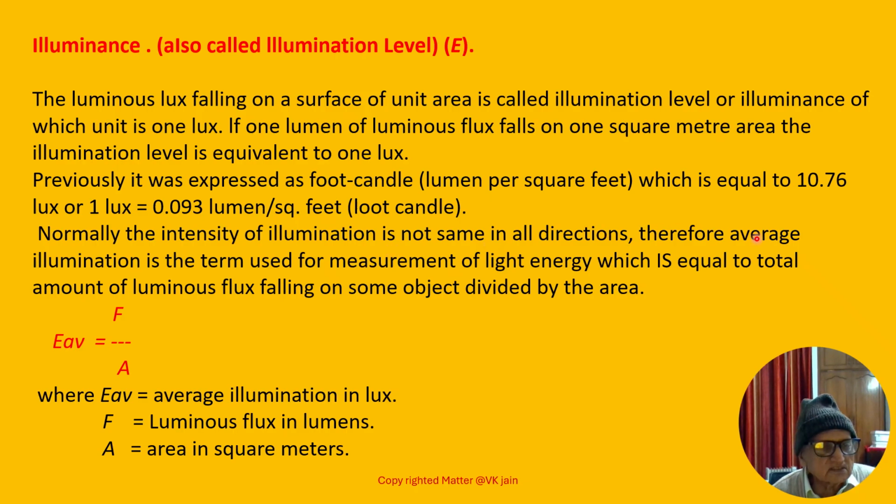Therefore, average illumination is the term used for measurement of light energy, which is equal to the total amount of luminous flux falling on some object divided by the area. That means E average equal to flux divided by area. This F is luminous flux.